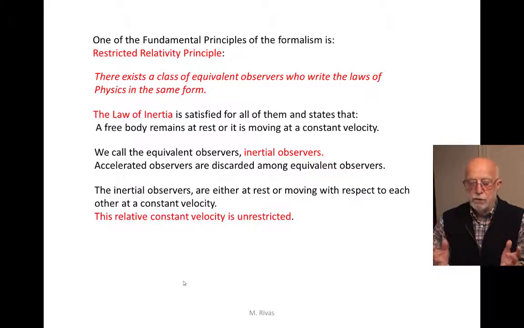This set of inertial observers are either at rest with respect to each other, perhaps with different orientations, or if they have a relative velocity, this is a constant relative velocity. But this constant relative velocity is unrestricted at first in this part of the analysis.